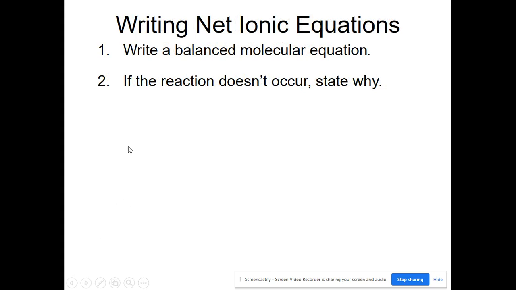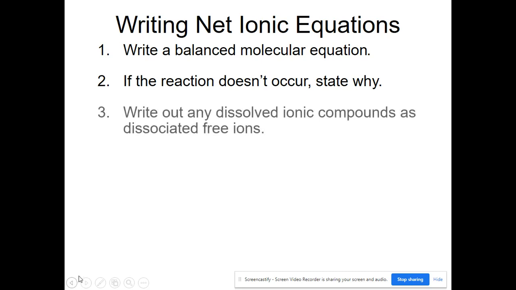Okay, so when you're doing this, you're going to first write out your balanced molecular equation. If the reaction doesn't occur, I want you to state why it does not occur. You're going to then write out any dissolved ionic compounds as dissociated free ions. And I'm going to show you an example so you can see what I mean by this.